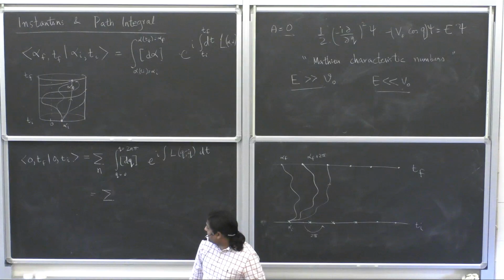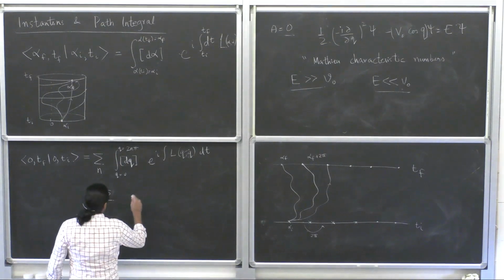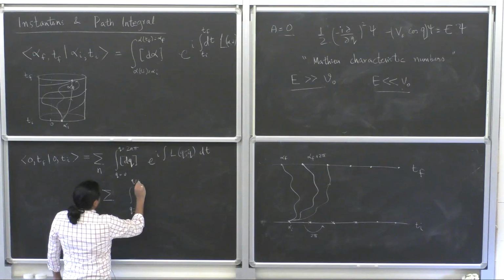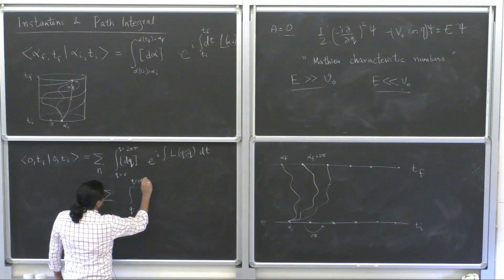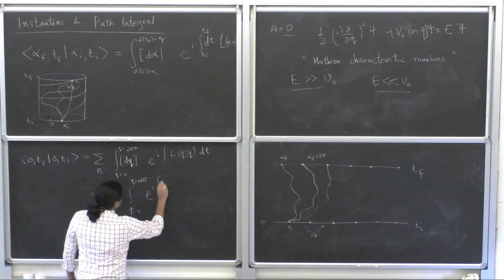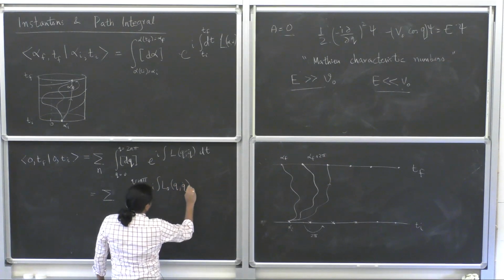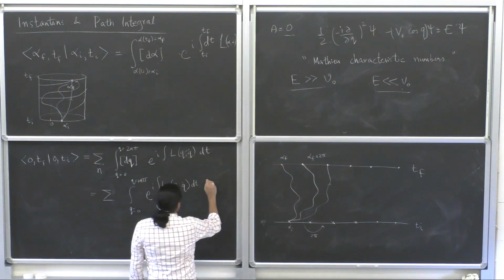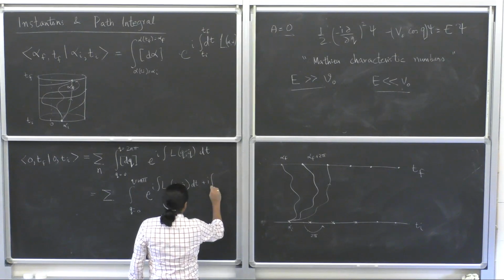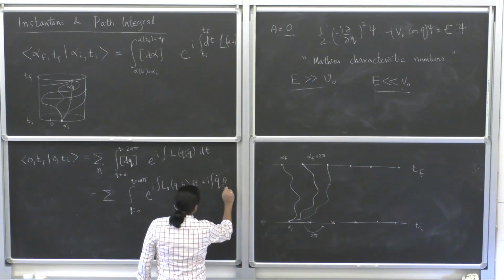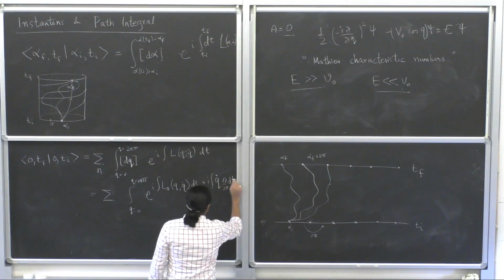So let's explicitly write out the theta dependence. Let's say L0 is the Lagrangian without the theta term, and I'm going to explicitly separate out the theta term, like so.